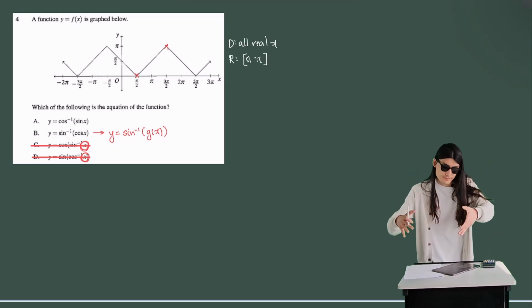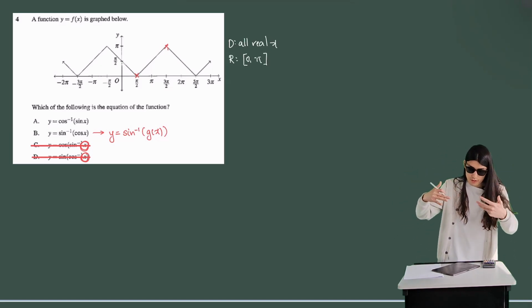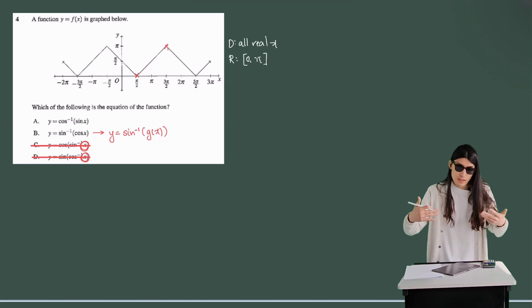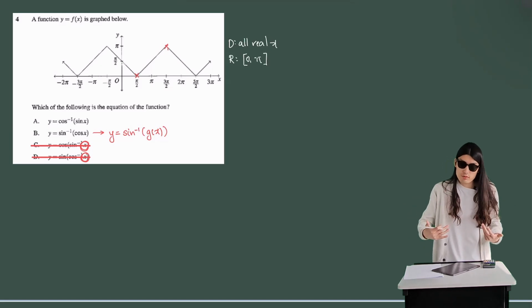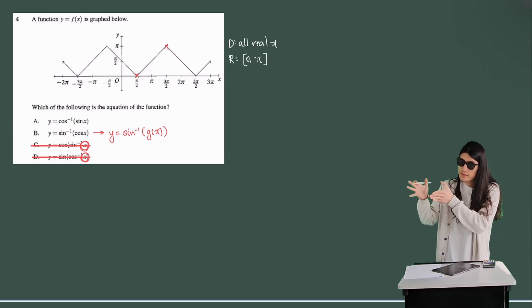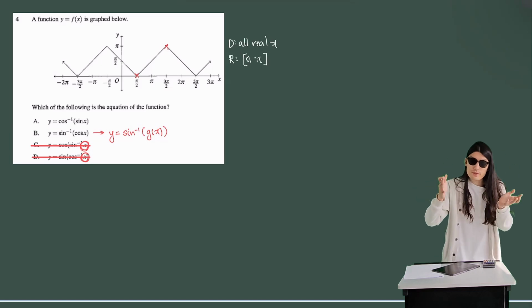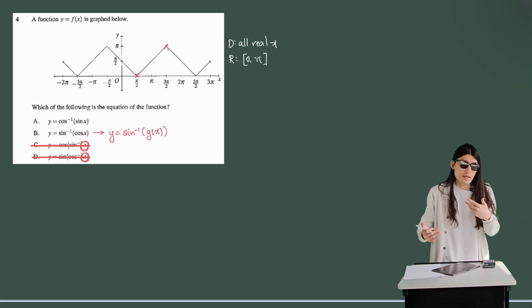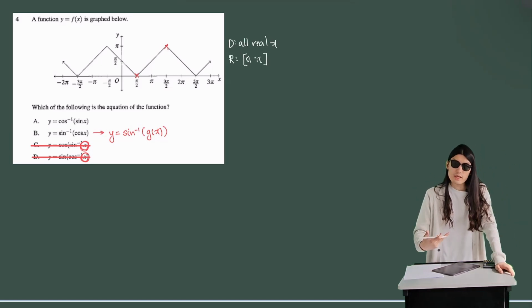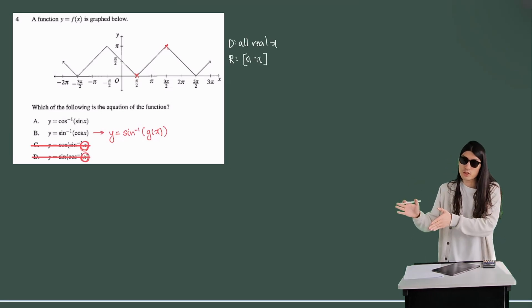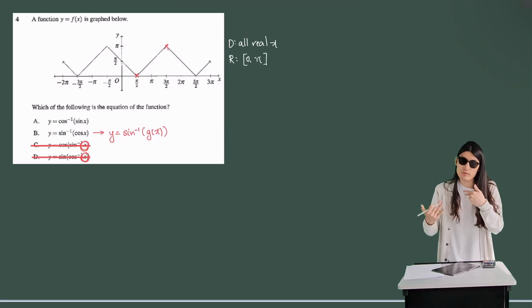Sine inverse, and then inside, yes, I know with option B it's g of x equal to cosine x, but I'm saying generally it's sine inverse of some function of x inside, right? Essentially, I'm saying option B is a composition of the sine inverse function and another function inside. That is what I'm saying.